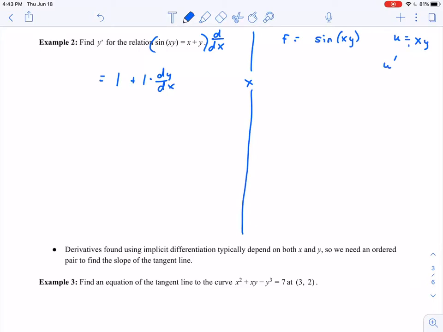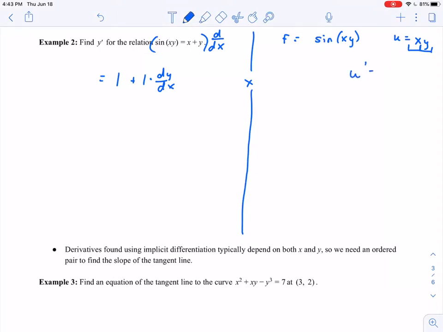Guys, look at this here. x times y. I have a function of x, which is x, times a function of y, which is y. This is actually a chain rule and a product rule. It's a double whammy. So I'm going to have to find the derivative of x times y.